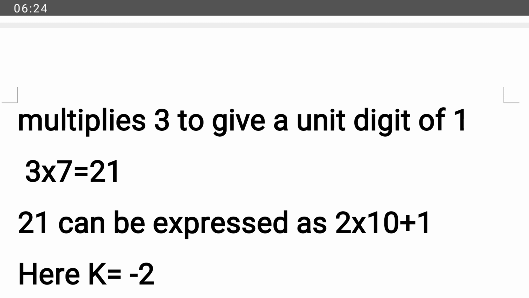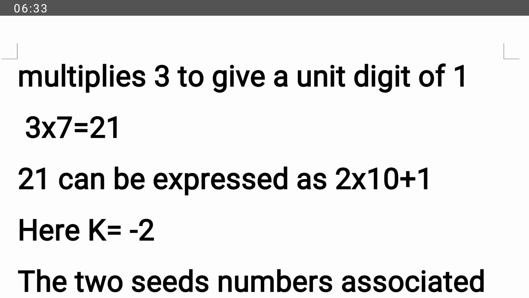Now let's try another number that can multiply 3 so that the unit digit becomes 1, which is 7. So 3 multiplied by 7 gives us 21. We can express 21 as 2 times 10 plus 1. 2 times 10 is 20, plus 1 is 21. Remember, the 2 here is what we are looking for, and since this expression ends with plus 1, the value of k becomes minus 2.